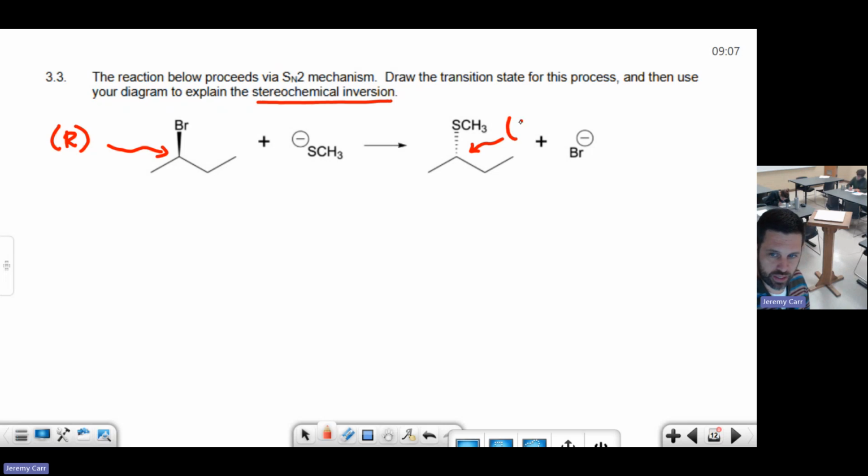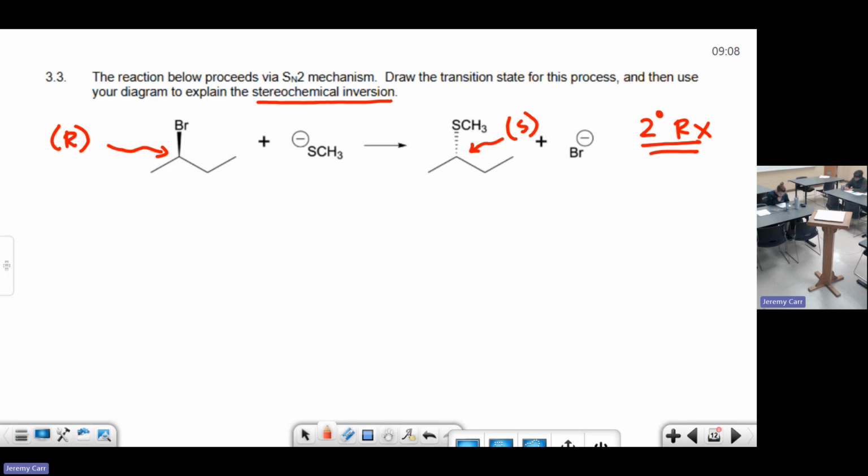It looks like it's R, but it's actually really S. And so that's what stereochemical inversion is all about. You're converting from one stereocenter to the other. You start off as R, you go to S, or you start off as S and you go to R. This happens all the time whenever you're dealing with secondary RX, secondary alkyl halide electrophiles. Those are very, very important to know.